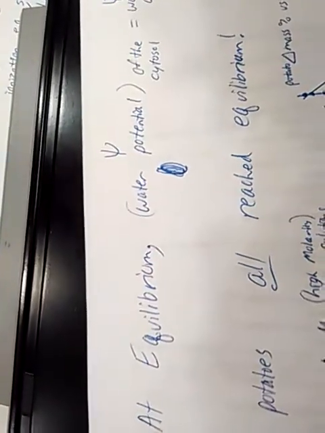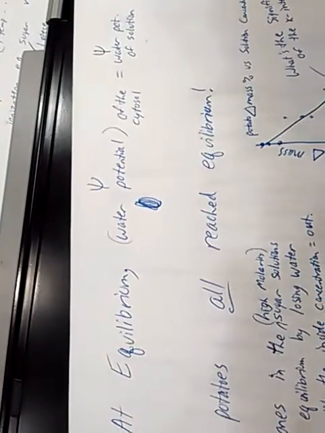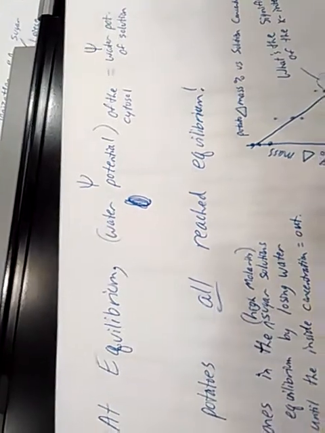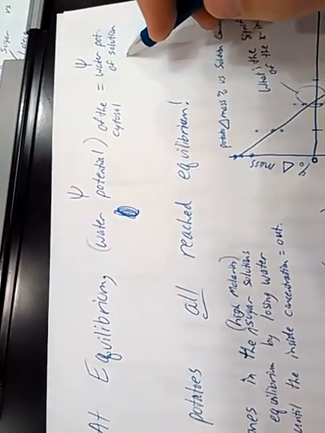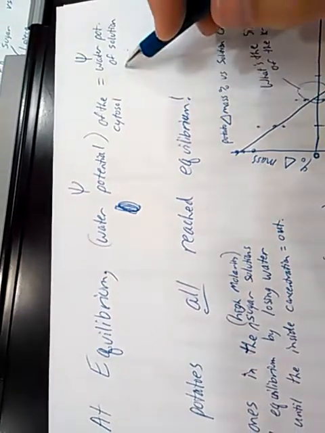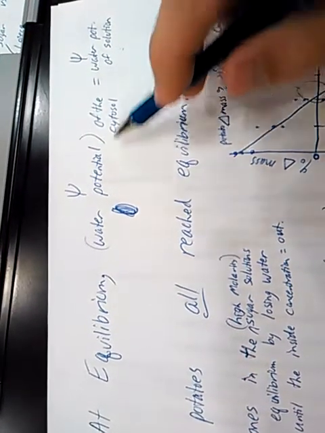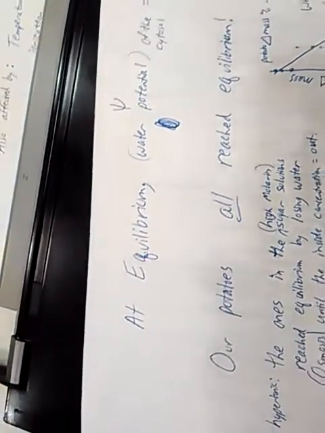We're cooking along. At equilibrium, your water potential within the cytosol must equal the water potential of the solution. These don't have to be the same concentrations because water potential is dependent upon 2 things.